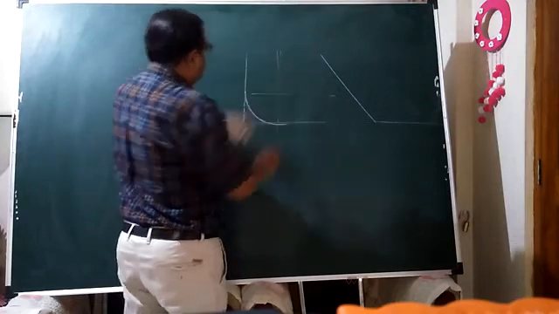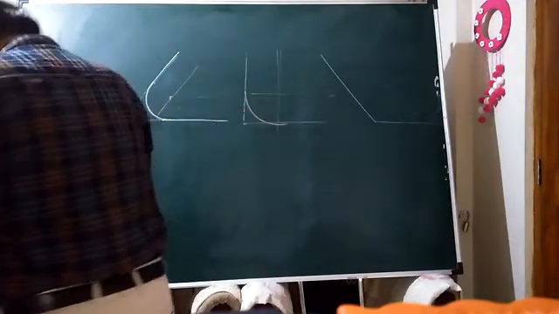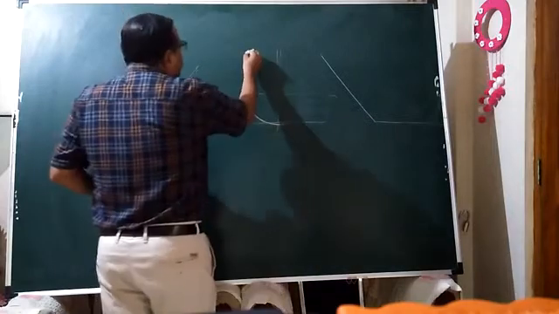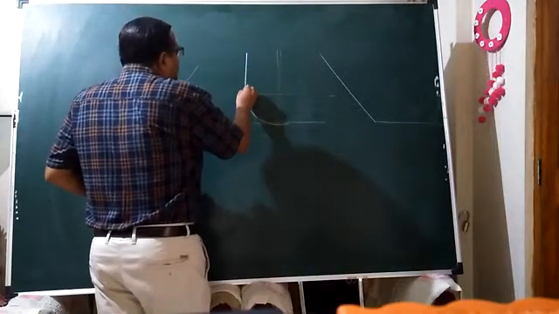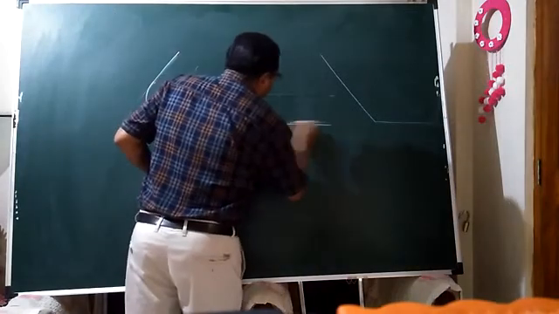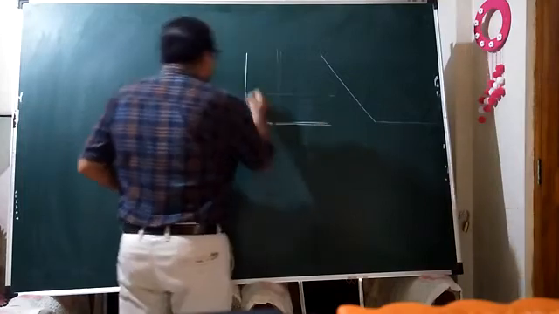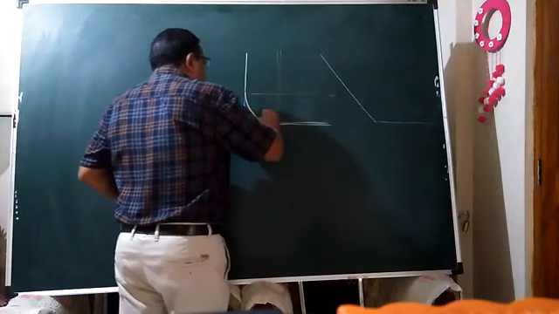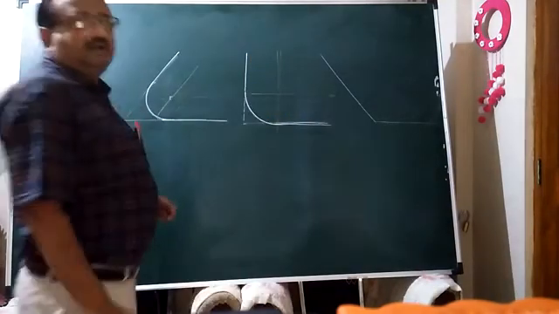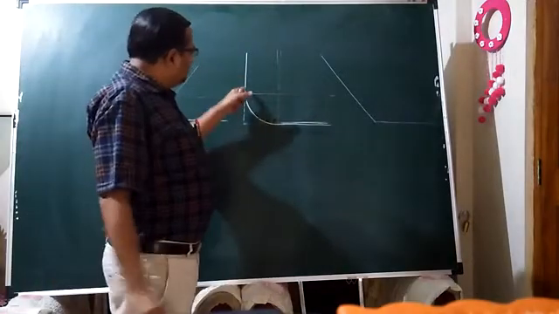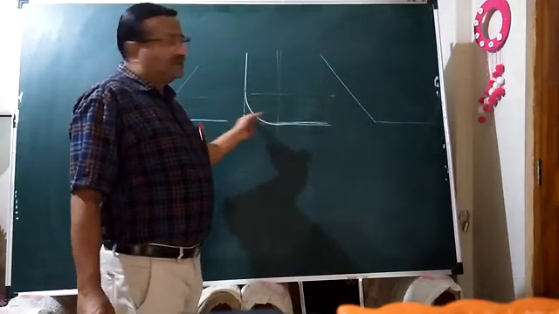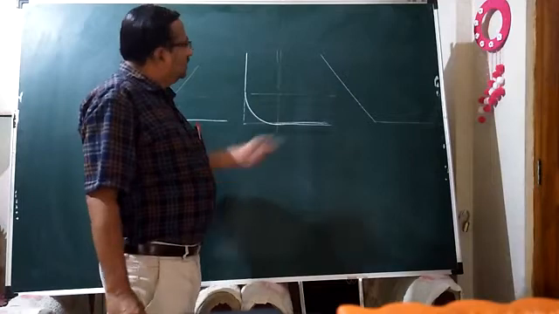So this is nothing but the procedure of connecting the given lines by a curvature of given radius. So these two right angle lines we have connected by a curvature of 30 mm.